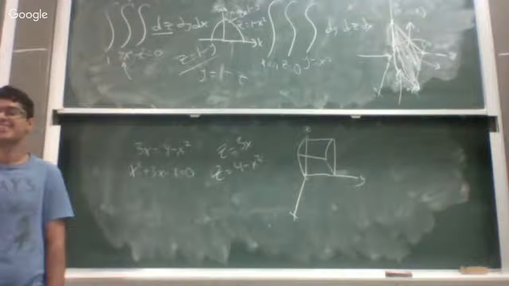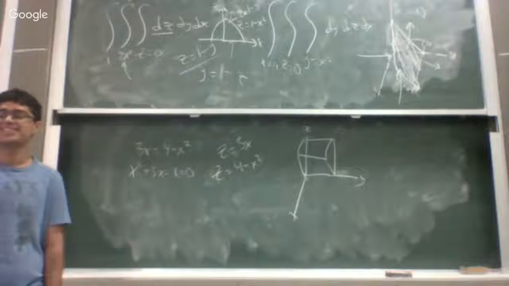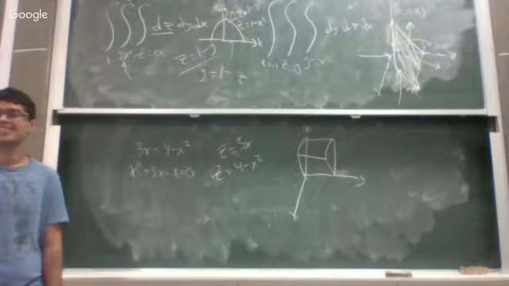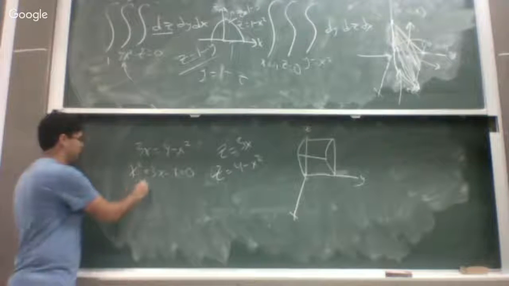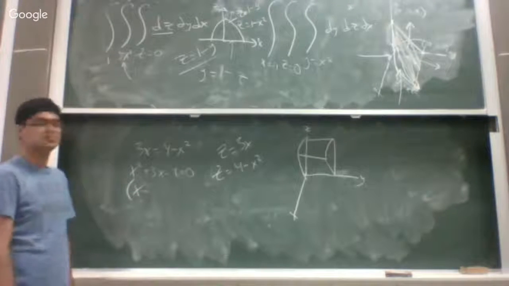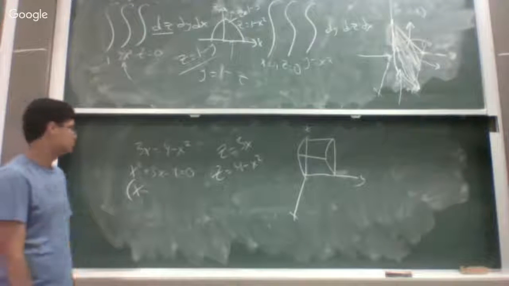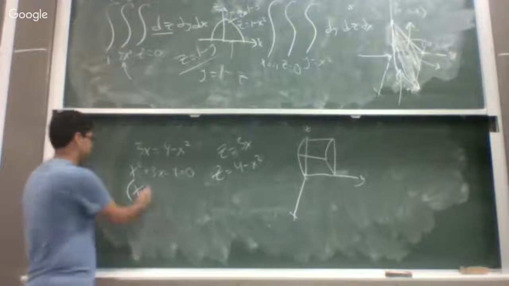Okay, so then it's divided by 3. Wait, so it's x minus 1 times x plus 4.